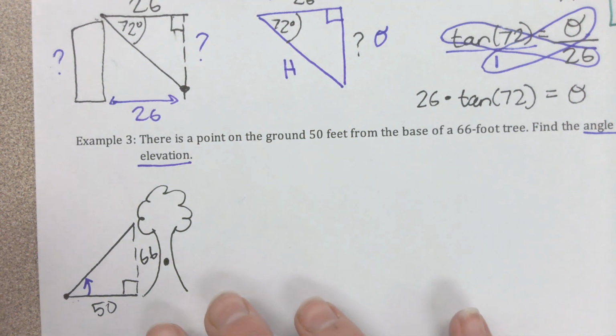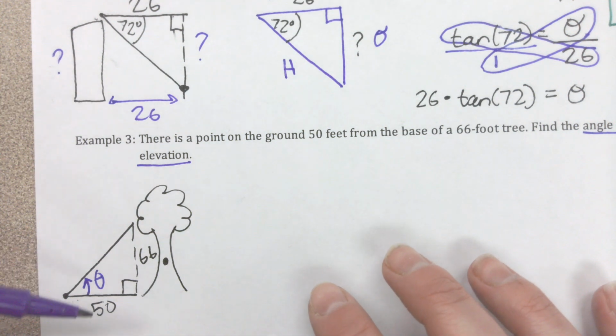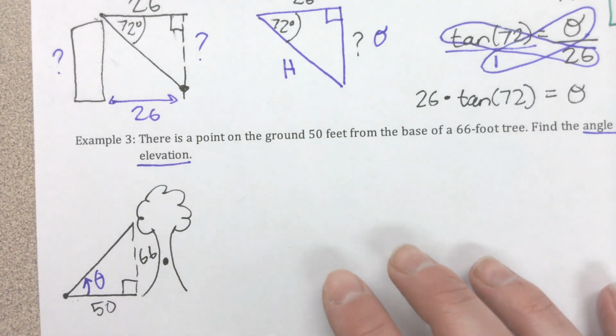This time we're looking for the angle itself, so I'm just going to put theta there, since we don't know it. Again, if you want to use the original triangle I drew, you can, or if you want to draw a separate one that just has the information, we can do that.